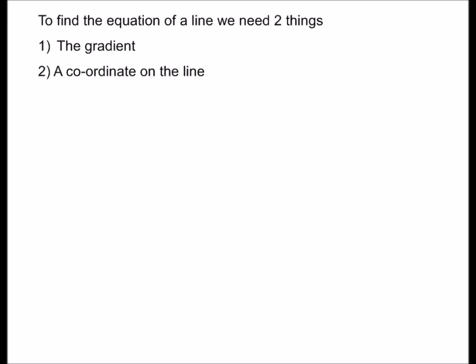So to find the equation of any line, I need 2 bits of information: the gradient and the coordinates of the line. In the form y equals mx plus c, we're using the gradient, which is our m, and we're using the coordinate, and the coordinate we're using is the y-intercept.